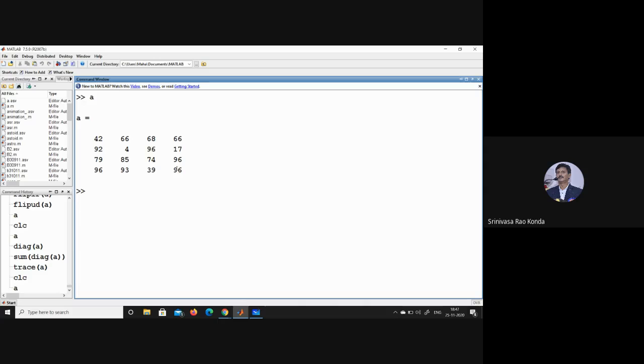Am I correct or not? So DIAG of flip LR of A will give the second diagonal elements: 66, 96, 85, 96. Did you understand the point?